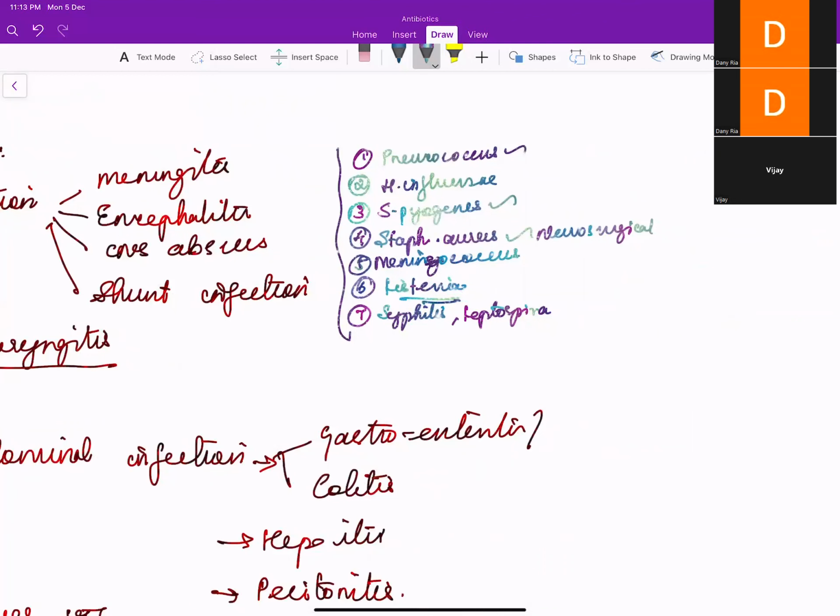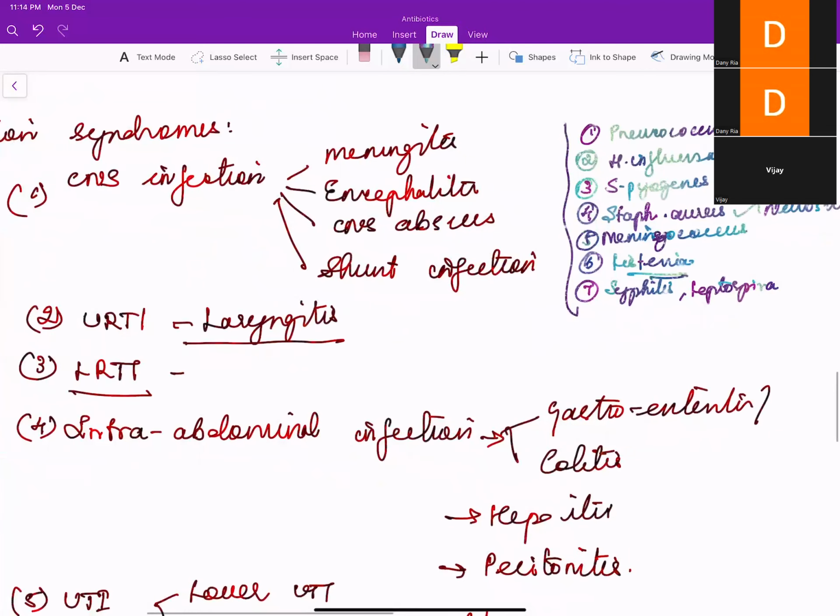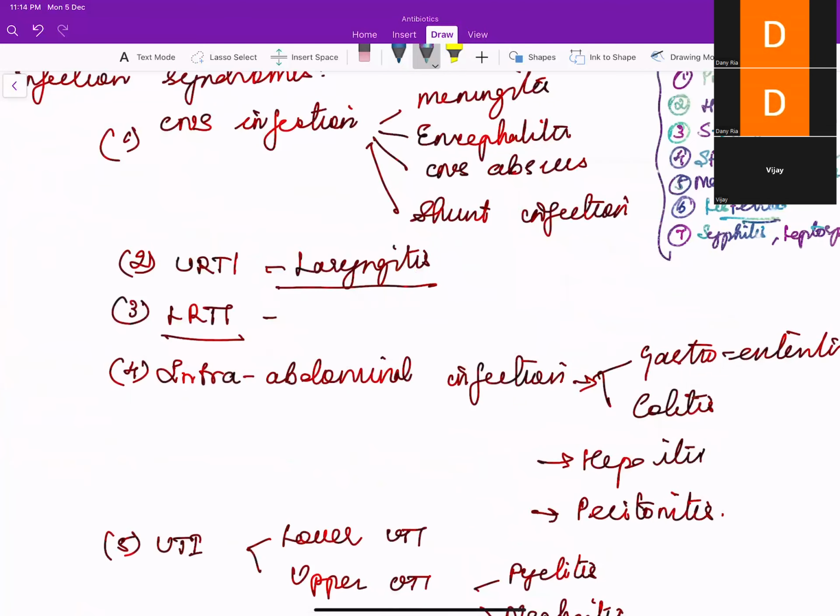Now since you have a list for meningitis, you have to give some antibiotics which cover all these things, which will be the next part of the talk. Okay, quickly: upper respiratory tract infection, possible organisms. Think in the same order: gram positive cocci, gram negative cocci, gram positive bacilli, gram negative bacilli, atypical, spirochetes.